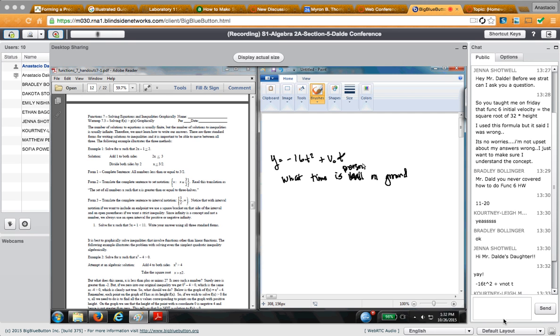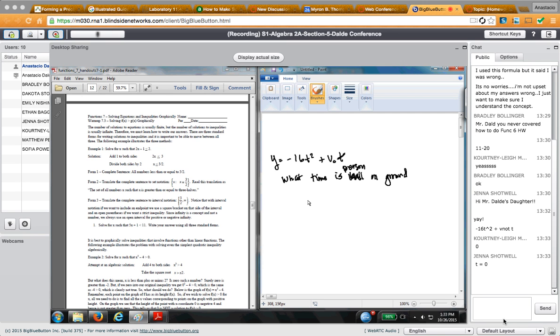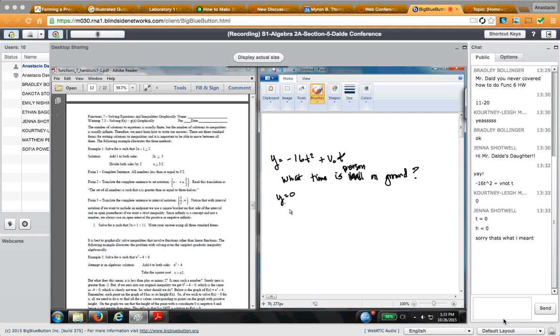All right. What time is the person on the ground? Well, then what we do is we set, no, not t equal to 0. We want to know the time, so we set y equal to 0, because that's what it's defined as: person on ground, height is equal to 0. So actually, maybe this was an h instead of a y. I don't remember. Anyway, yes, h equals 0. So you set this equal to 0, and you get 0 equals negative 16t squared plus v naught t.